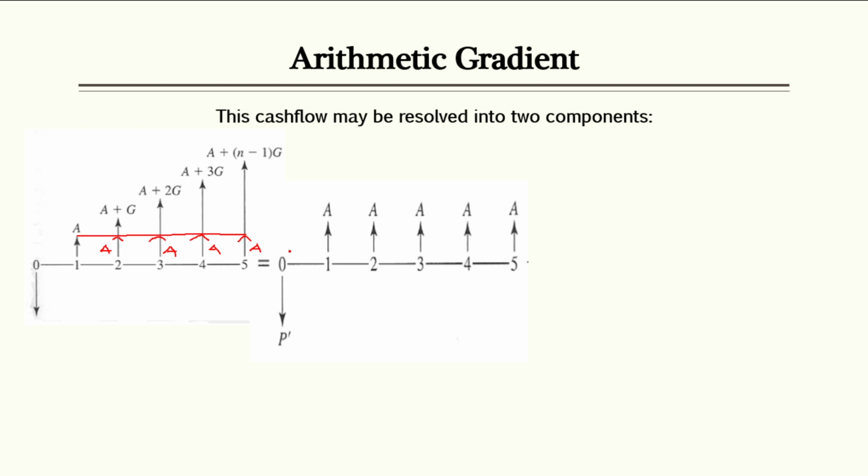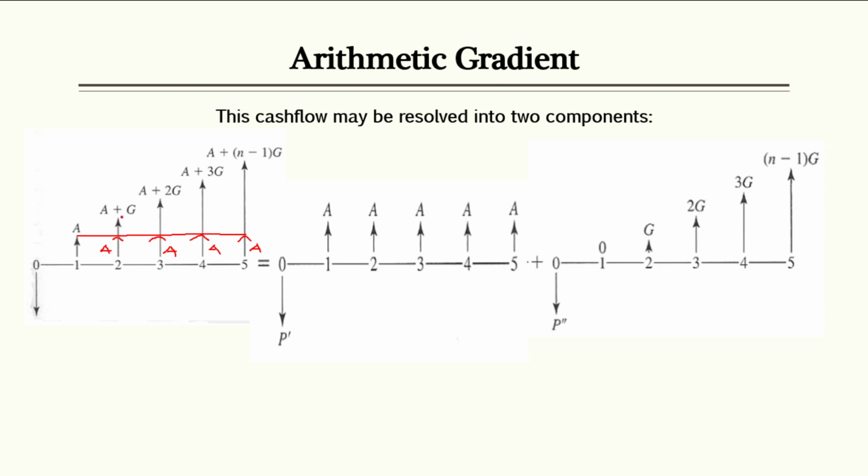So, kapag magsosolve tayo ng arithmetic gradient, ang gagawin natin para mas madali is hahatiin natin yung ating cash flow into two components. So, ito na yung unang component niya. So, value niya pare-parehas A. Okay? Plus yung value ng mga sobra. So, sa year 1, since A lang yan, wala tayong sobra na value.